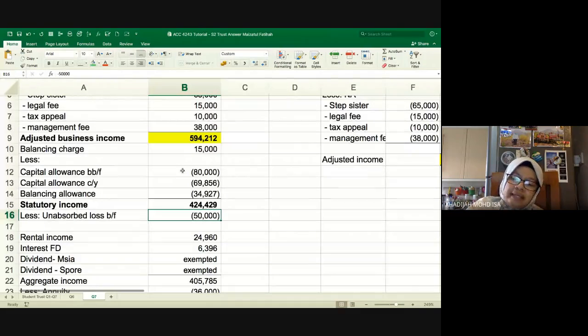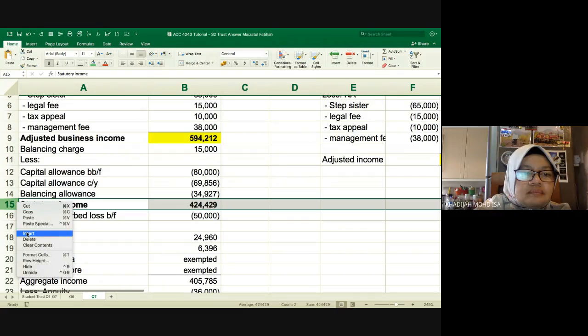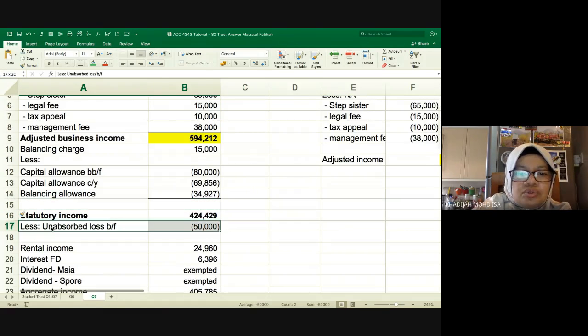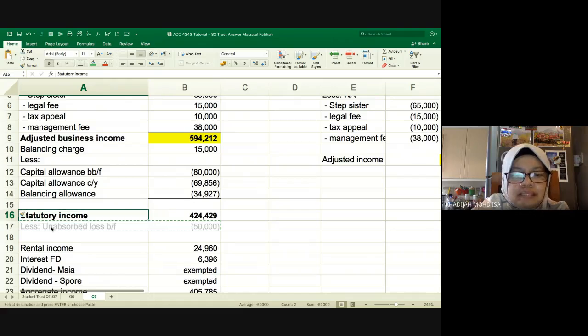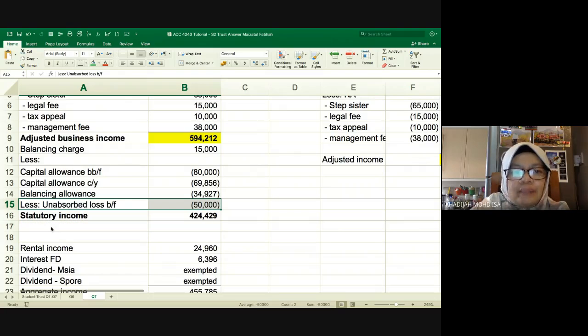I noted that in the previous semester, most of you computed unabsorbed loss brought forward in arriving at statutory income. So what you did was, you did it like this, inserted it, right? I just want to show you, Command X. You did it like this. Then you got statutory income. But that is wrong, right?